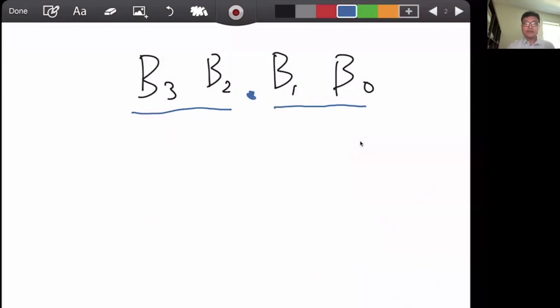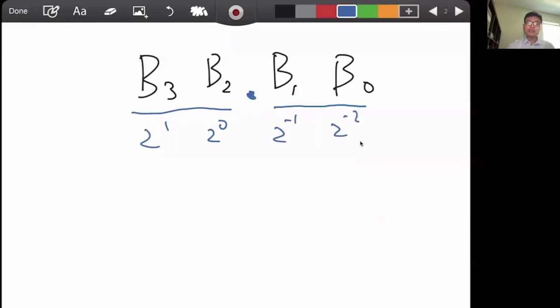If we follow the same logic we use for binary, this one can be 2^0, this one can be 2^1. For the others we use the reverse, so it will be 2^-1 and 2^-2.